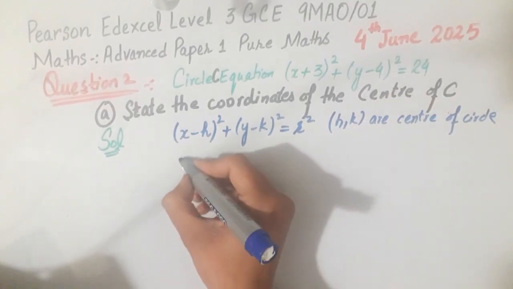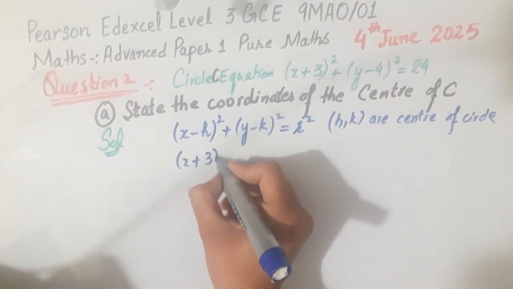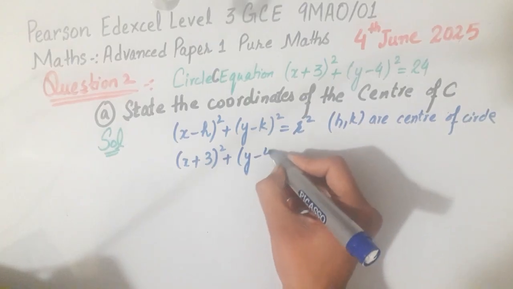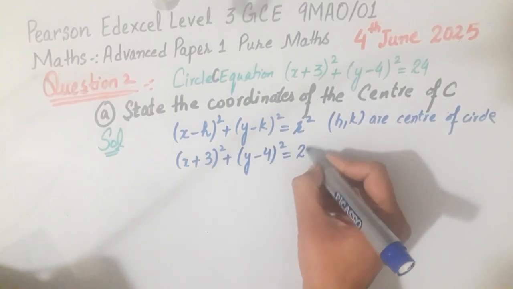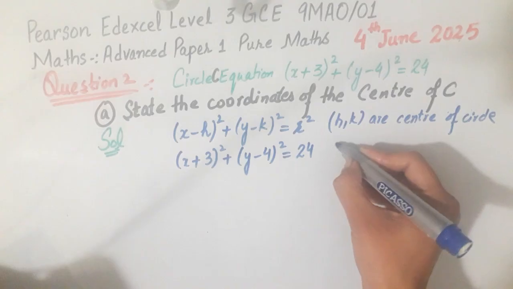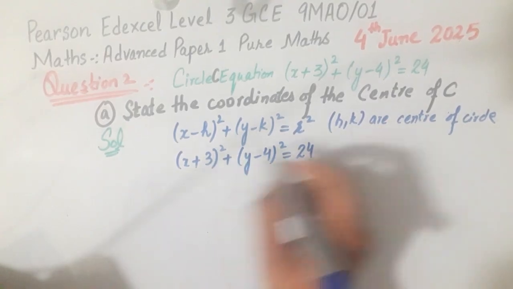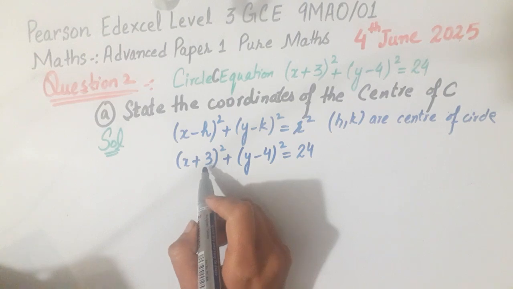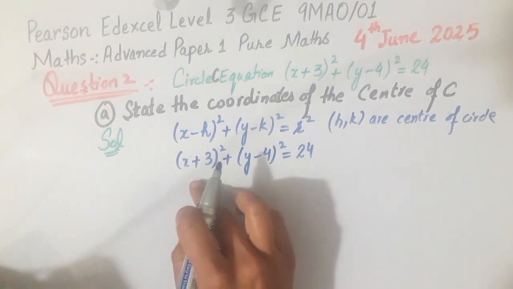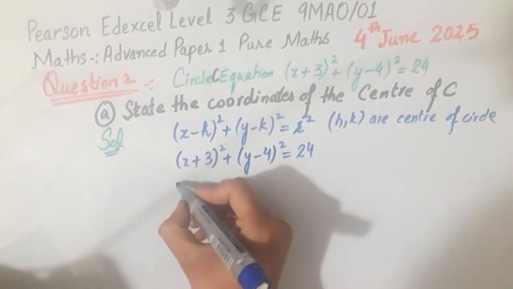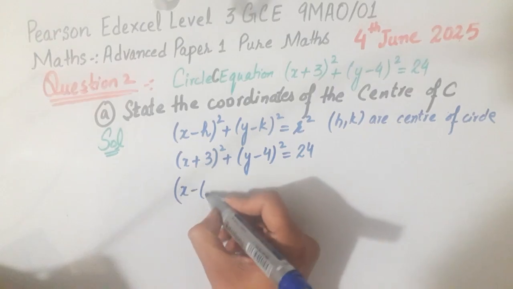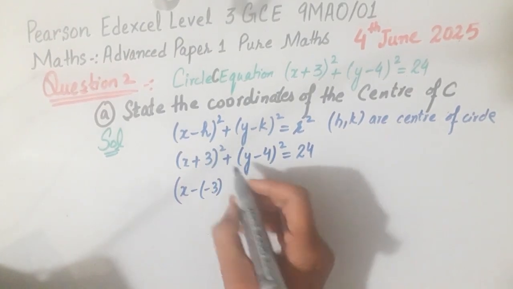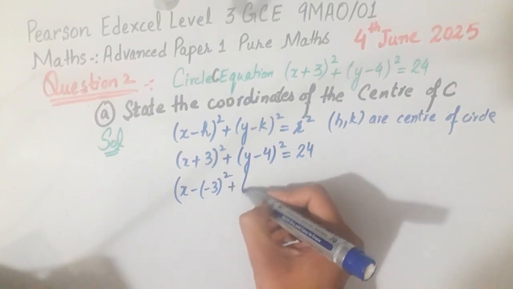In the given condition, we have x plus 3 whole squared plus y minus 4 whole squared equals 24. So we have the center h and k. When we write this, it becomes x minus, into minus 3, because from h we have a negative sign, and this remains the same.